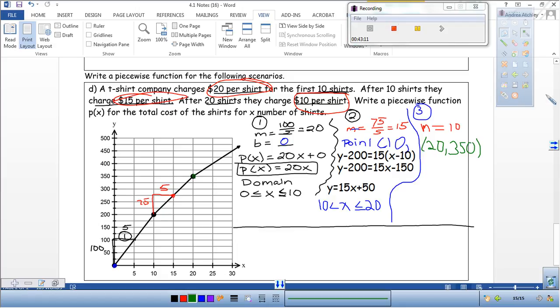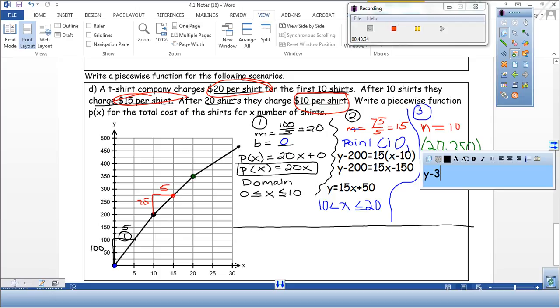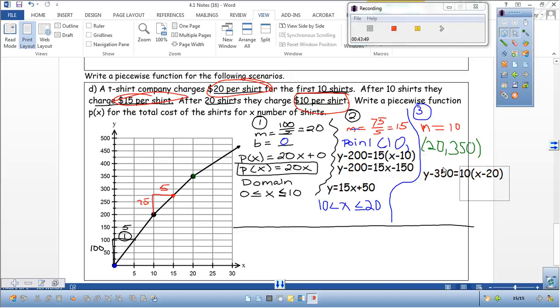Alright, we're going to apply it to our point slope formula again. I'm going to get y minus 350 equals my slope of 10 times x minus 20. Any questions over that? Okay, simplify this down. Everyone try to simplify that to come up with your answer.